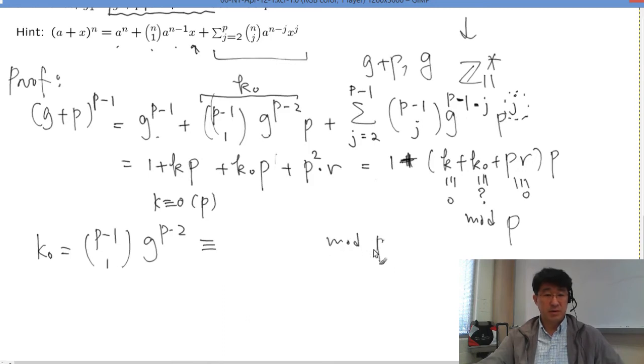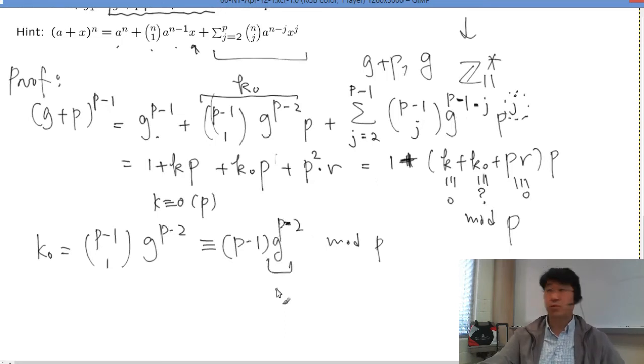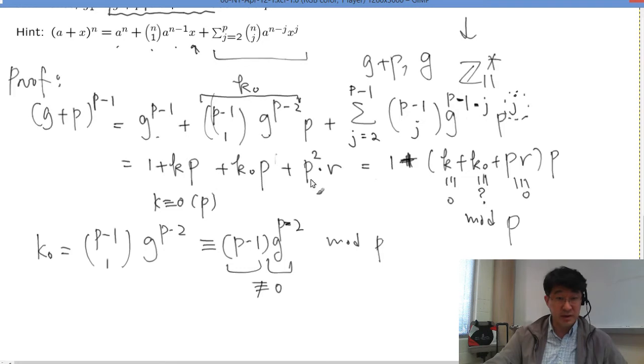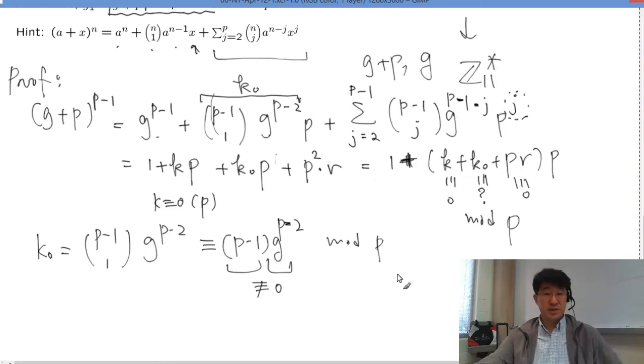Well, that's p minus 1, isn't it? And g, p minus 2, is relatively prime to p, right? I just bracket up to here; the p appeared in this part. So it's clear that k plus k0 to p r is not congruent to 0 mod p, correct?